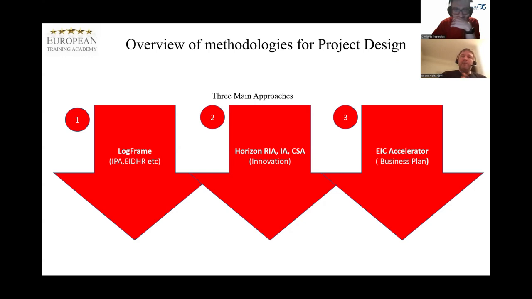Typically, it's possible to start project design with analysis of stakeholders because these interventions are targeting either a specific country or region. So it's not unreasonable to start with analyzing organizations who might be impacted with your proposal, with your project, who have interest, power, and typically what we analyze as well is attitude towards your project's objectives.